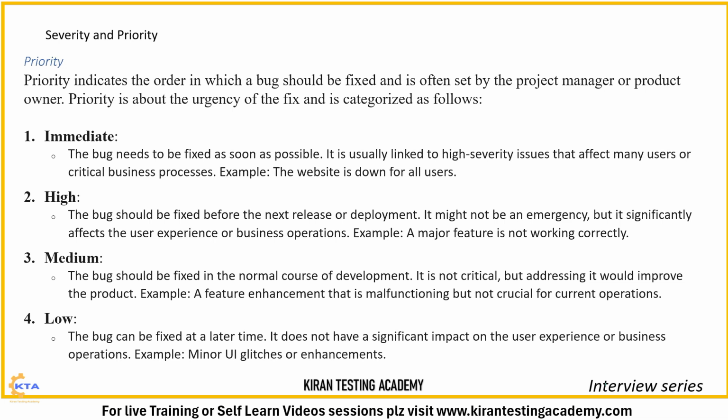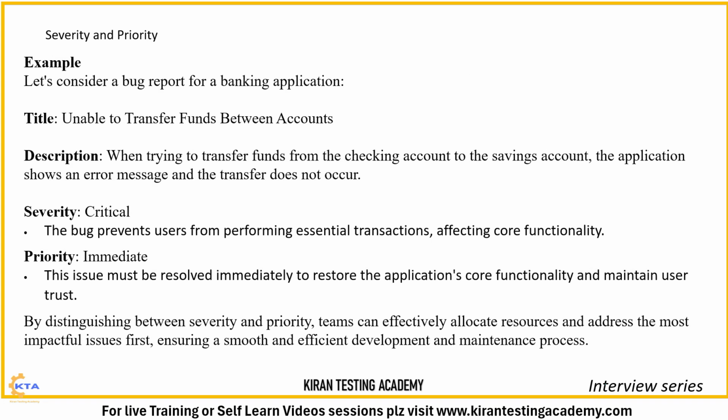In interviews they may ask you, can you give me an example from your previous project where you have rated severity and priority. Here I am taking a banking application as an example; you can take any example according to your requirements. I am unable to transfer the amount between two accounts.